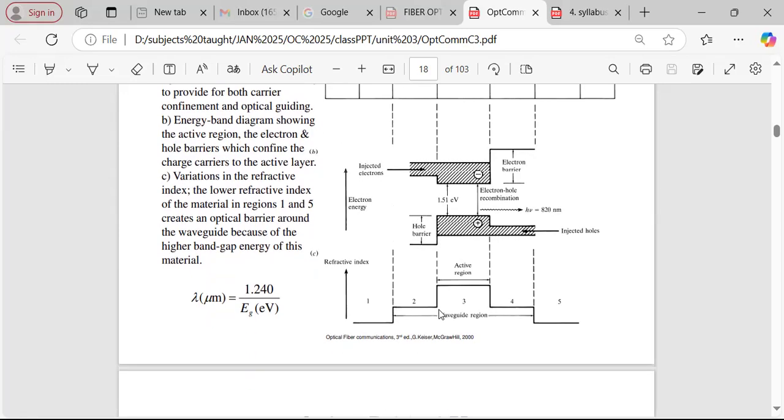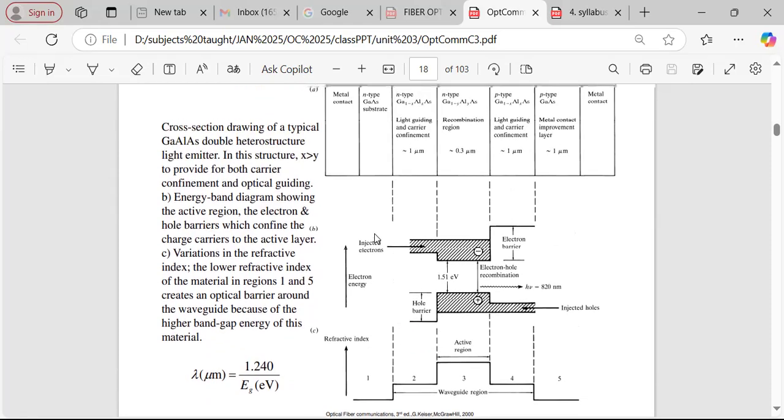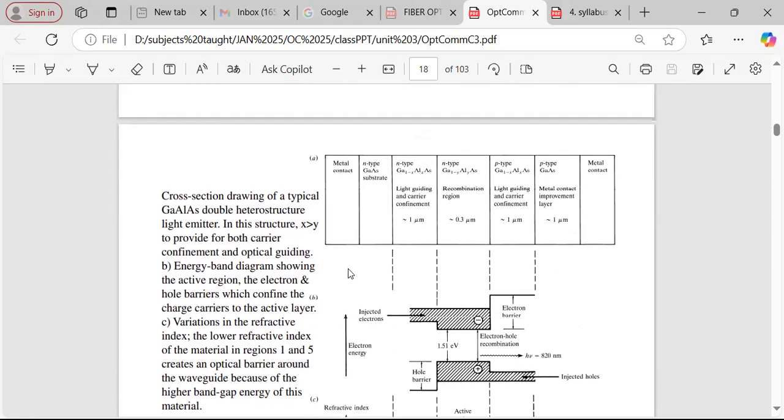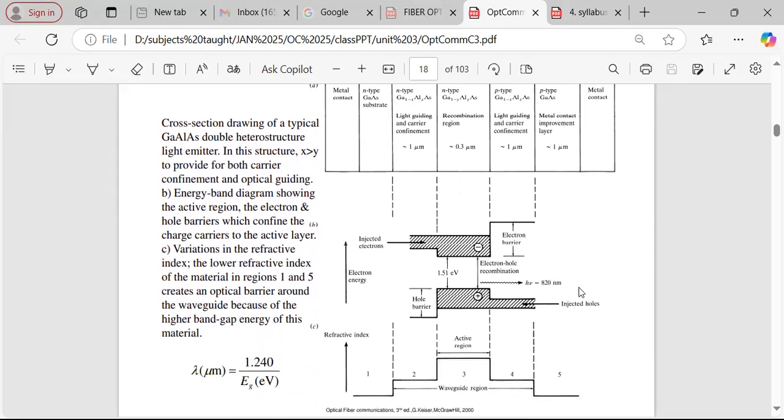In this graph you are seeing the energy band and hole recombination, and in this last graph you can see there is a change in the refractive index as we move from left to right, from the metal contact, from the N-type semiconductor to the P-type gallium arsenide semiconductor material.